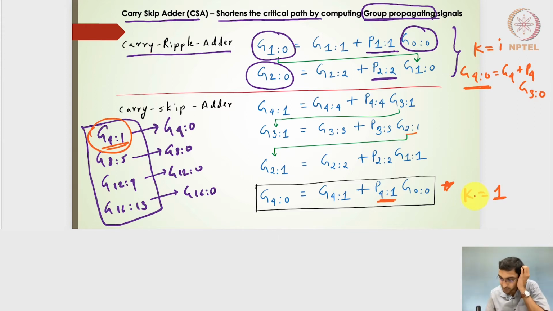So what we have done is we have utilized different K values and then tried to generate these group generate signals. We have now utilized the group propagating signals in this case, and then tried to represent G4 is to 0 in a different manner. Although for a 4-bit addition we may not be able to see the impact of this particular design.